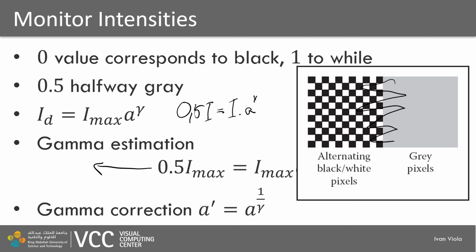Now, in order to compute the gamma value, we do not need the I's anymore, and the gamma will be equal to ln 0.5 divided by ln A. So this will be our gamma value.